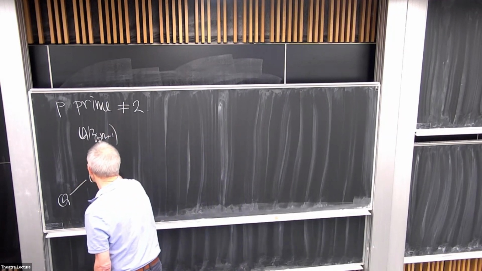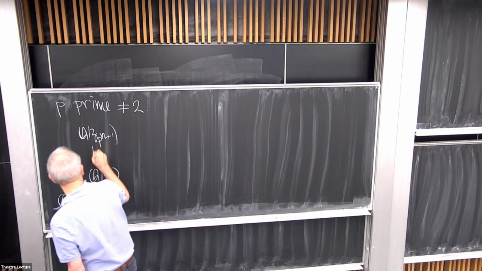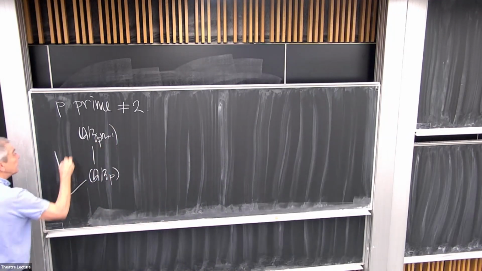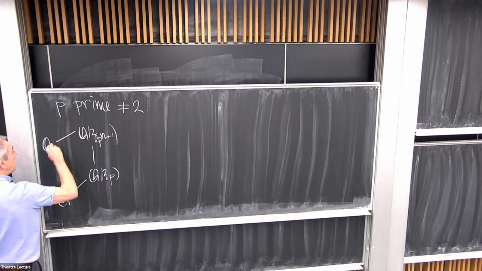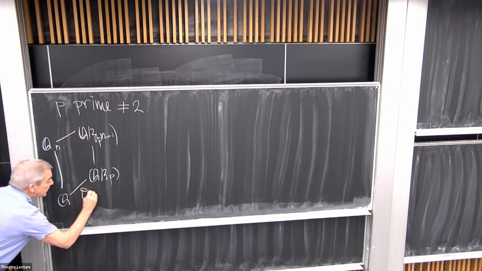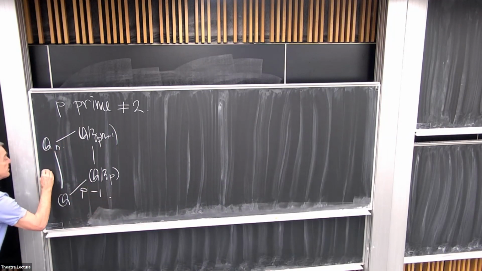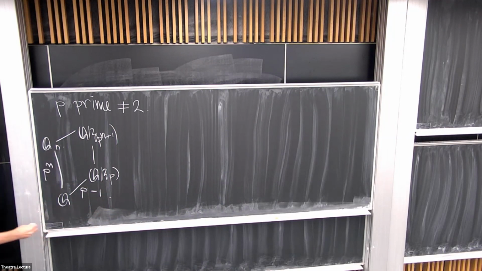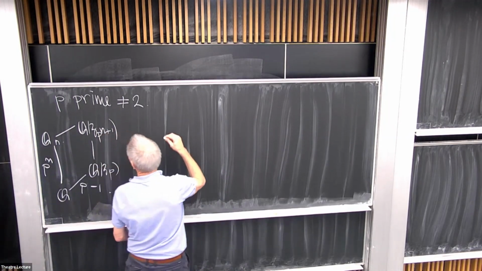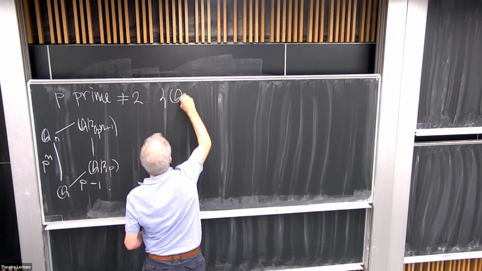There is a subfield Q(zeta_p), which has degree p minus 1, and a subfield Q_n, which has degree p^n. It is unique, and Q_n is contained in Q_m if m is larger than n. Those are the fields Q_n.